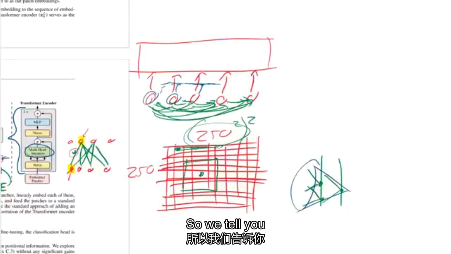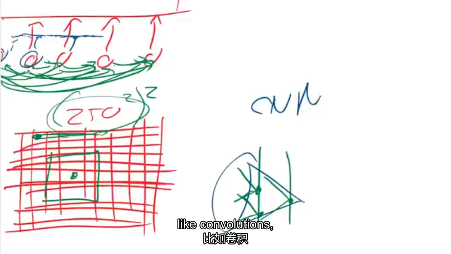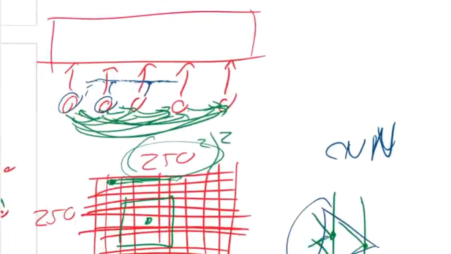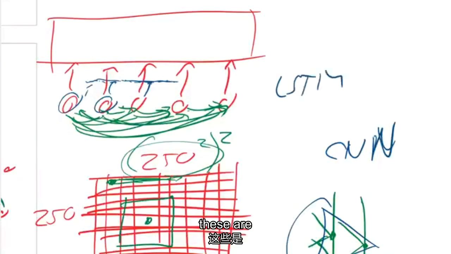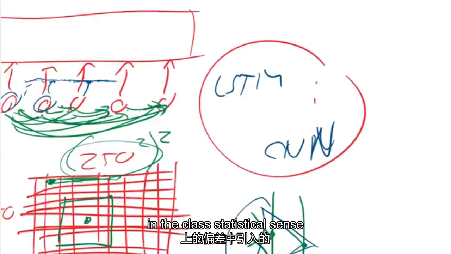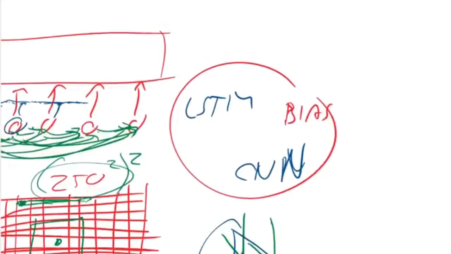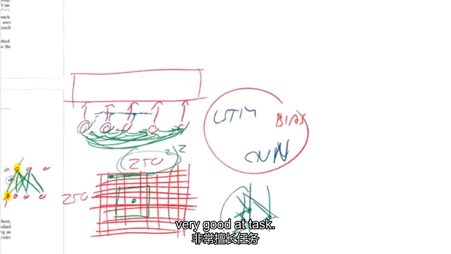So we tell you that certain things like CNNs, like convolutions, generally tend to be useful. So we restrict the model and we bias the model towards a certain solution, or LSTMs. These are biases that we introduce in the statistical sense of bias, right? So these are biases that help the model become very good at the task.